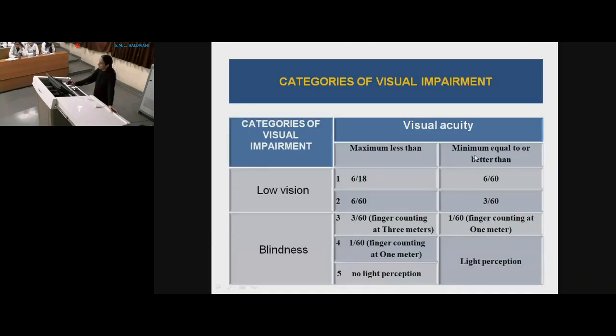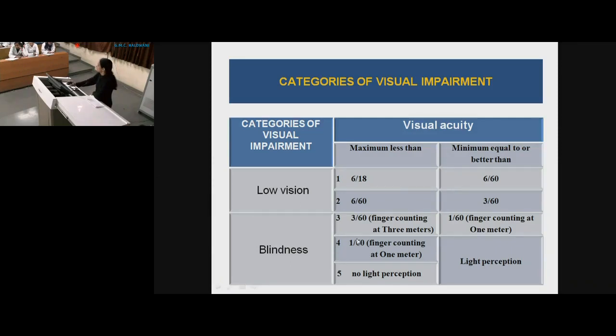Categories of visual impairment. So there are two categories, either low vision or blindness. In case of low vision, if the vision is 6/18 or less than 6/18 up to 6/60, then it is low vision, or if it is less than 6/60 to 3/60, then it is also the second category of low vision. And in blindness, there are three sub-classifications.